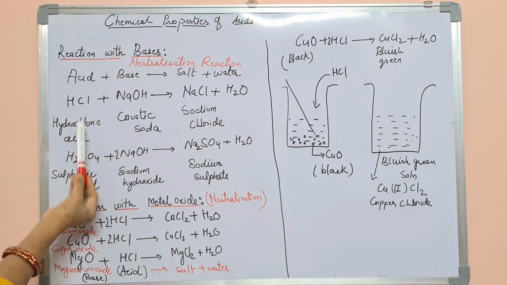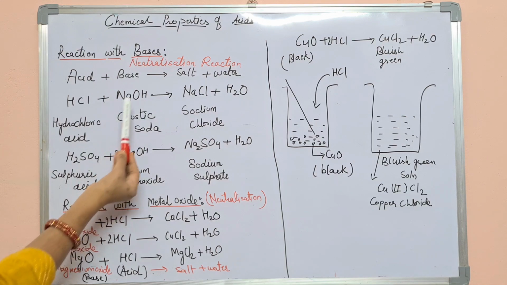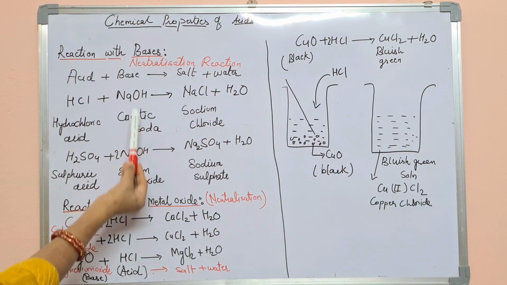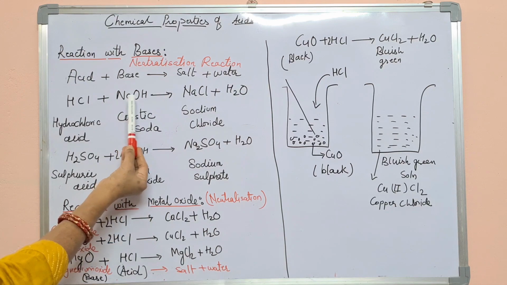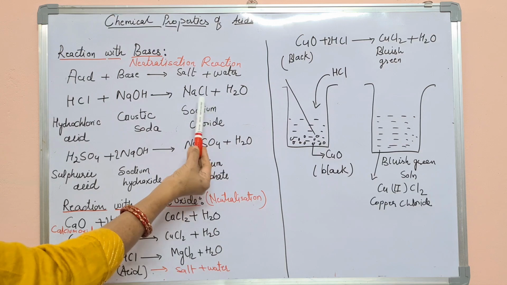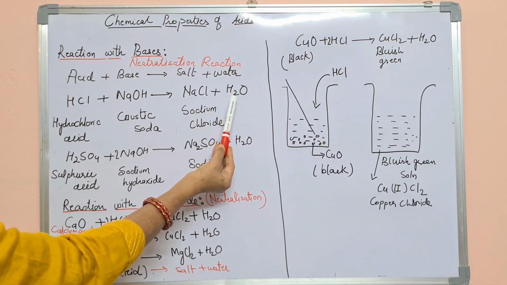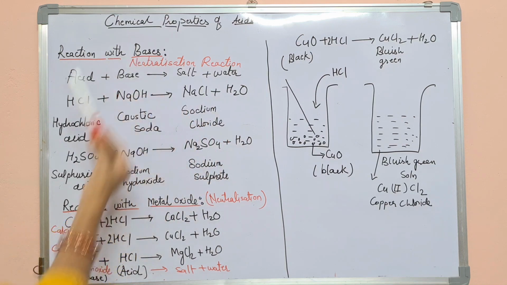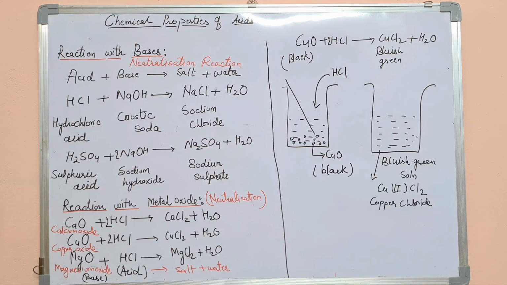Example, HCl, hydrochloric acid, reacts with NaOH, caustic soda, also known as sodium hydroxide, and it forms sodium chloride, NaCl, plus water. So neutralization reaction. Second example we can take H2SO4, sulfuric acid.